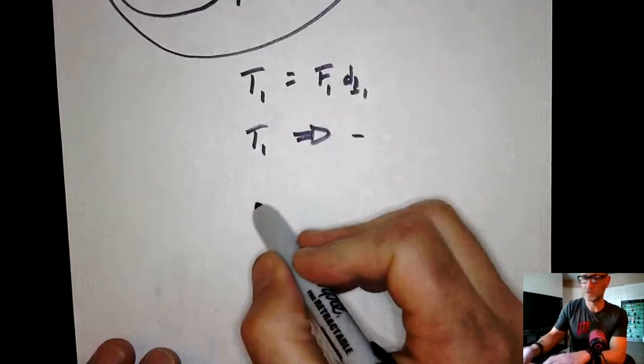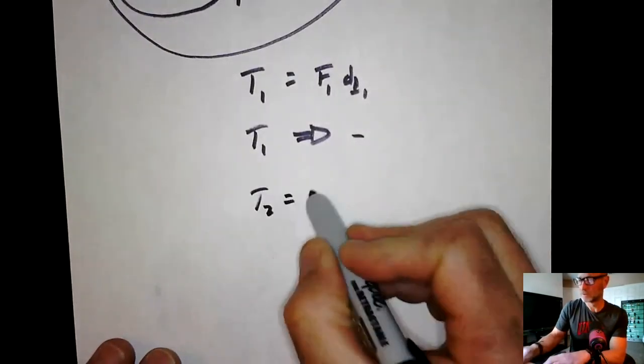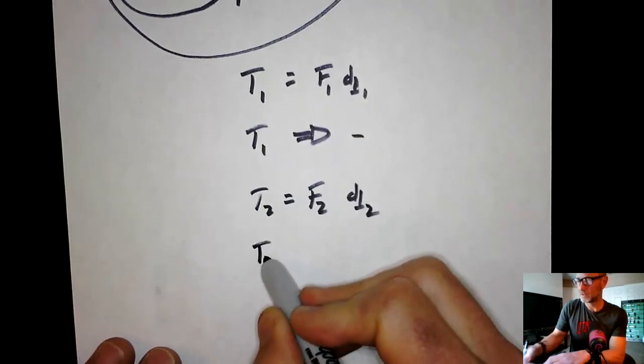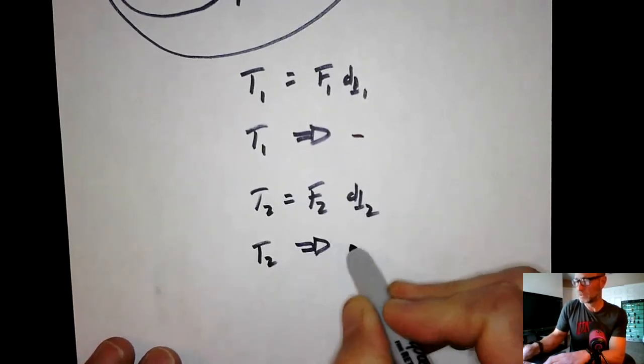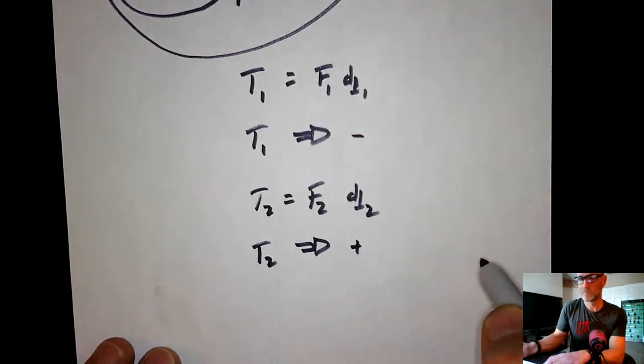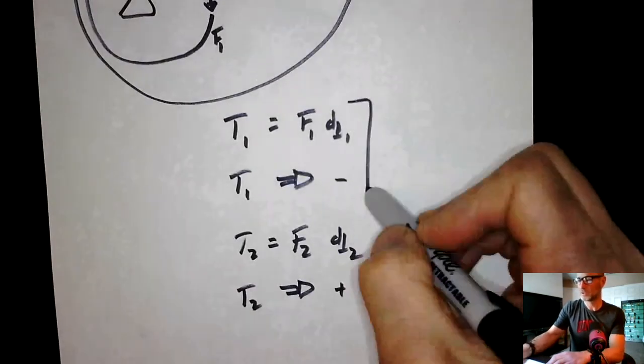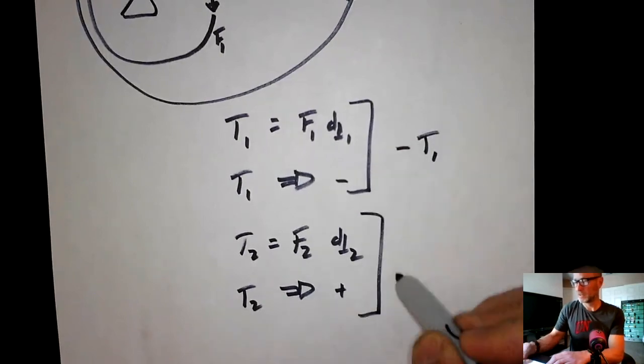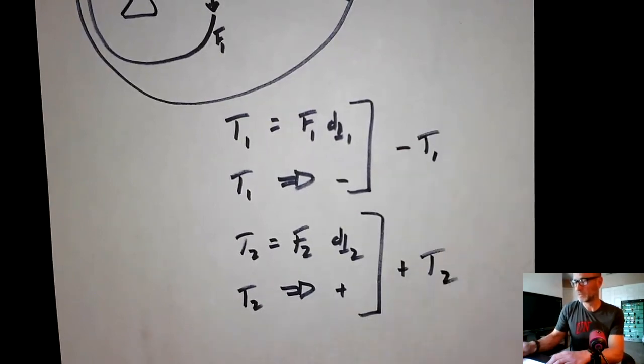So T2 is F2 d perpendicular 2. T2 direction is positive. Okay, so now I have two torques, one that's negative and one that's positive.